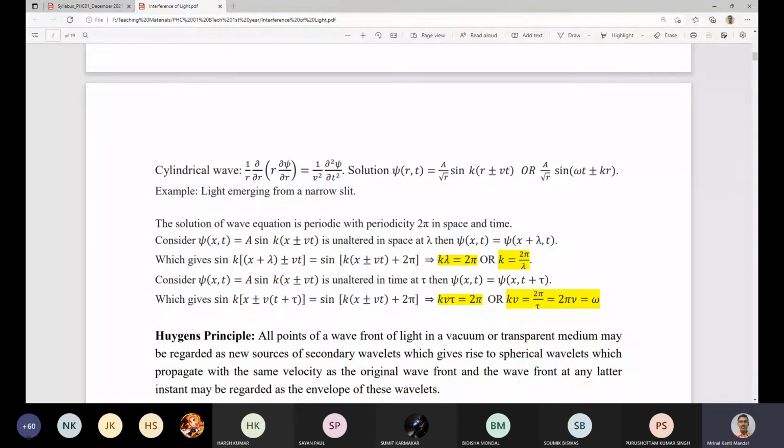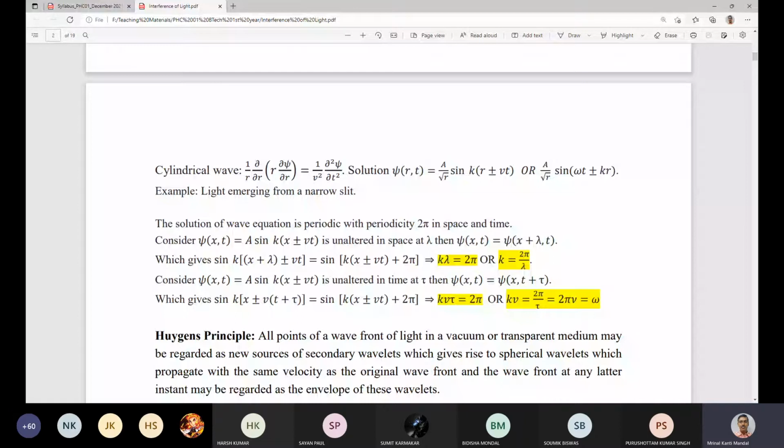Now, if you consider the solution of this equation, then we will get psi r t equal to A divided by root r sin k r plus minus vt, or A by root r sin omega t plus minus kr. Now you see here amplitude is reducing, but the reducing factor is 1 by root r, right?